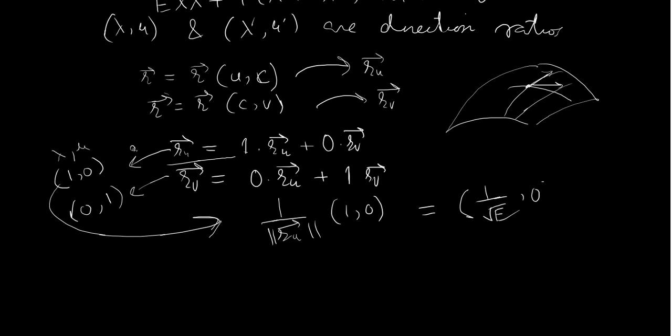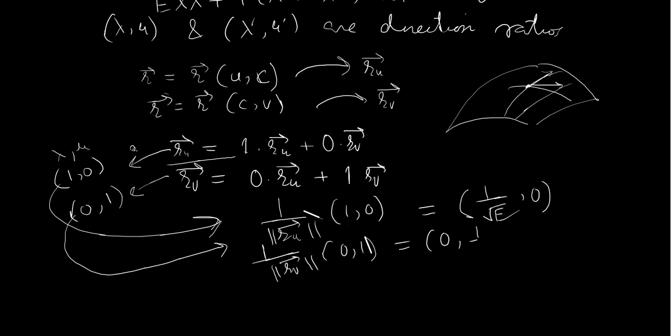And similarly, the direction coefficients of the other direction would be 1 by norm of r sub v into 0, 1, which is the same thing as 0, 1 by root of G. You just have to remember that E is r sub u dot r sub u, which is the same thing as norm of r sub u squared, and similarly G is r sub v dot r sub v. So that's what we have used here. That was just a simple corollary.